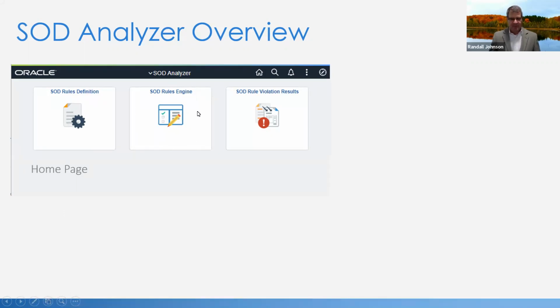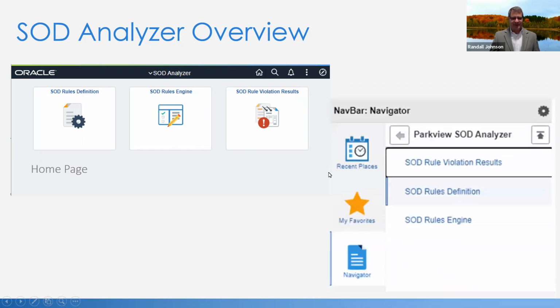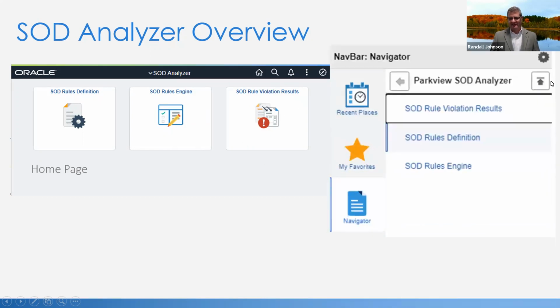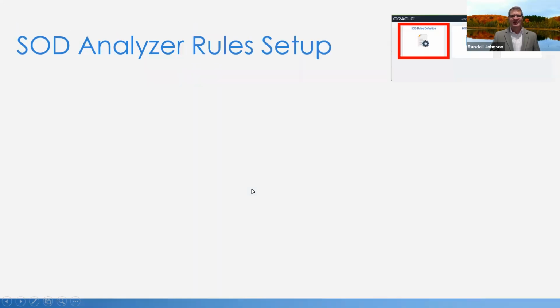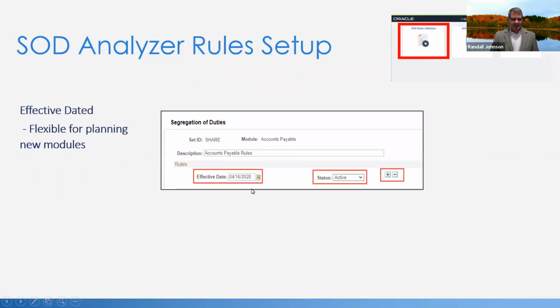This is a process that needs to be run on occasion to update the table set, and then the analytics, where you evaluate the violations that may have come out of the process when you run the rules engine. We also have over here in the nav bar the navigation for the same exact set of activities. So let's start with the first, which is the setup.